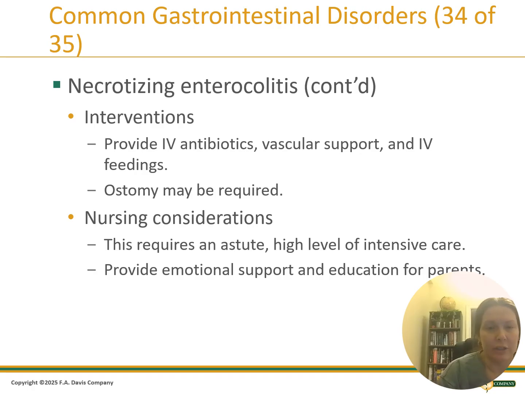So interventions, we need to expect to have some antibiotics on board for that perforation. Usually we're going to start with the broad spectrum. We're going to have some vascular and then hemodynamic support, IV nutrition, allowing that bowel to rest if needed.